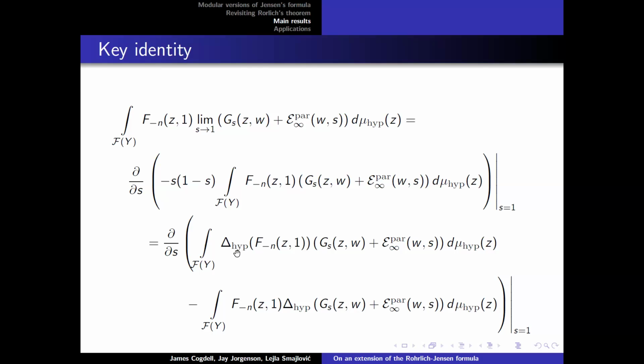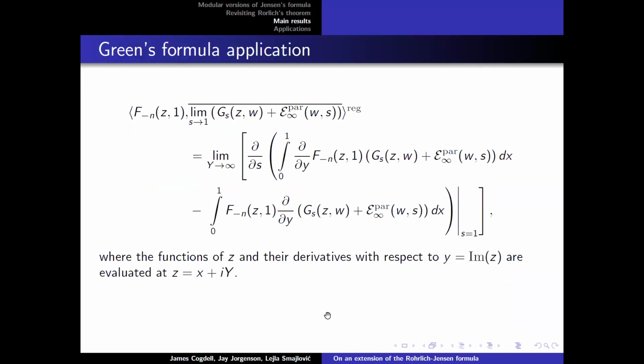So the integral of delta f times g minus f times delta g can be written in terms of exterior derivatives along the boundary of f. So after application of Green's formula, of course in hyperbolic geometry, to this difference, one ends up with the regularized product being written as, of course, the limit of the derivative with respect to s at s equals 1 of the integral along the boundary of the exterior derivatives.